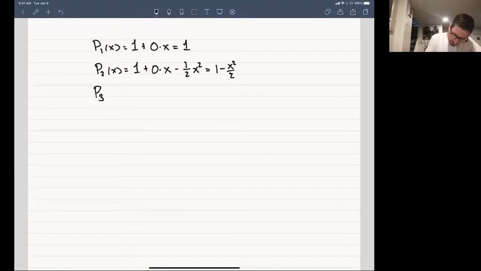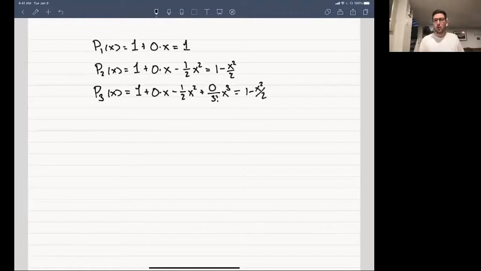Similarly, P3 of x, this is 1 plus 0 times x minus 1/2 x squared plus, well, it doesn't matter if it's plus or minus, 0 over 3 factorial x cubed, which is equal to, again, 1 minus x squared over 2. Let's do 2 more just so you can see the pattern.